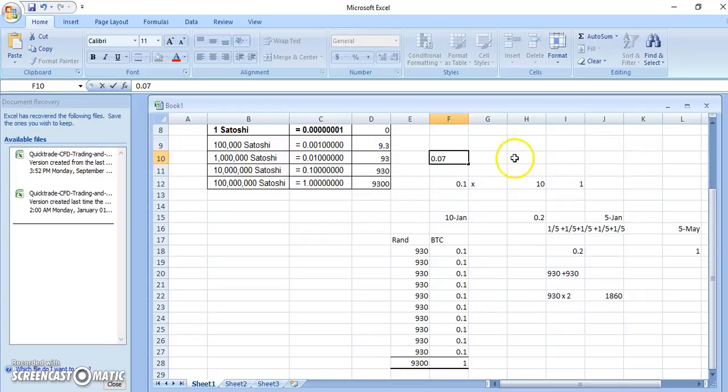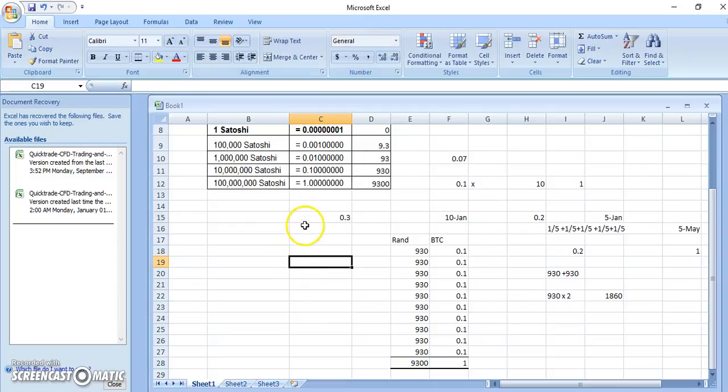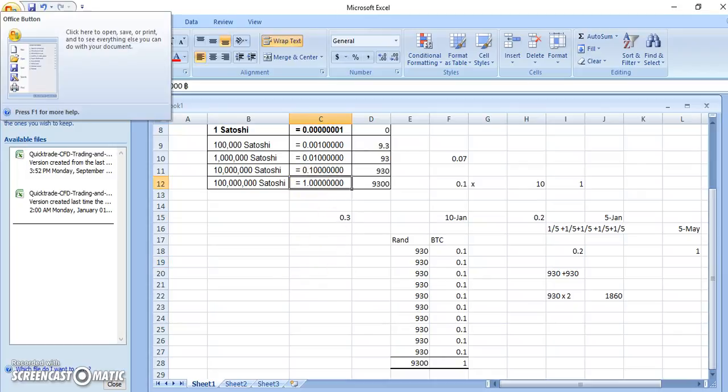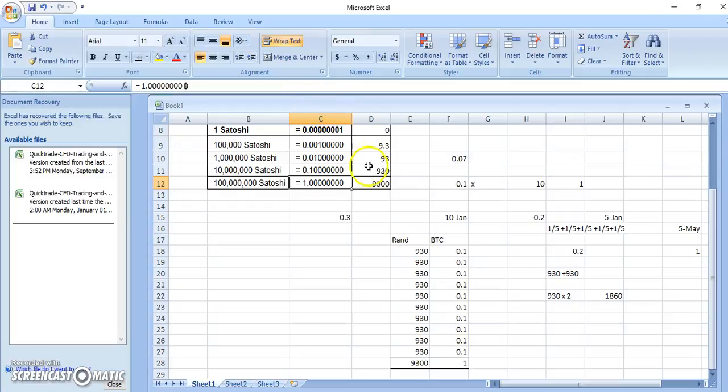If you wanted to buy 3,000 rand of bitcoin, it will be around 0.3.